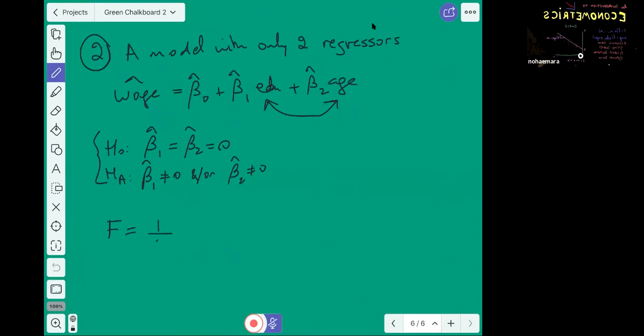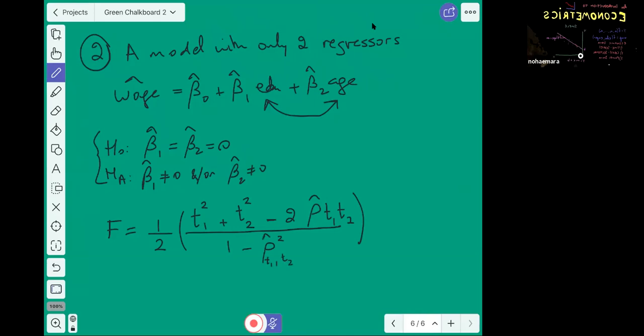It's actually 1/2 of the t-statistic of the first variable, which is our education variable, squared, plus t of the second variable, which is age, squared, minus 2 times the correlation coefficient between the t-statistic of education and the t-statistic of age, over 1 minus the estimated correlation squared of the 2 t-statistics.